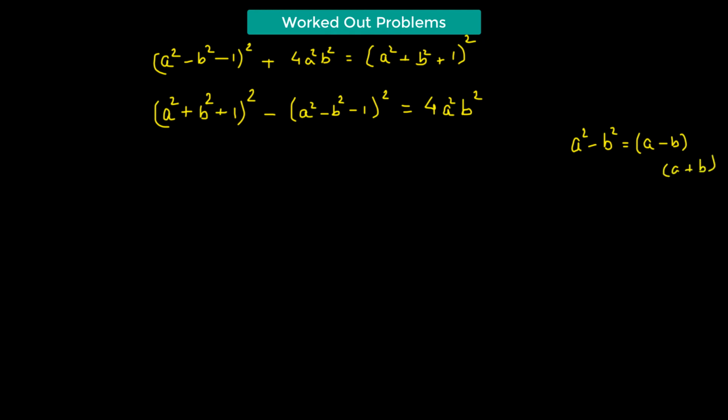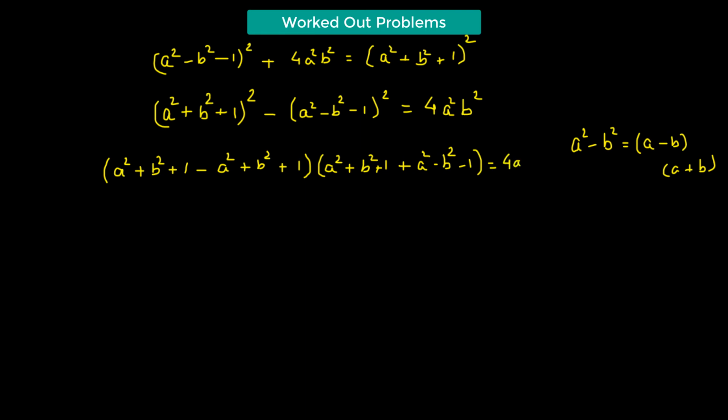So let us do that. This will give us a squared plus b squared plus 1 minus a squared minus b squared minus 1, multiplied by a squared plus b squared plus 1 plus a squared minus b squared minus 1, which will be equal to 4a squared b squared.